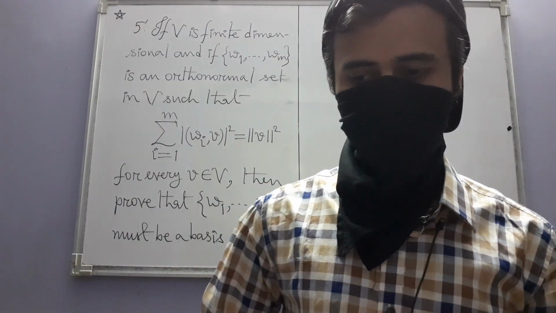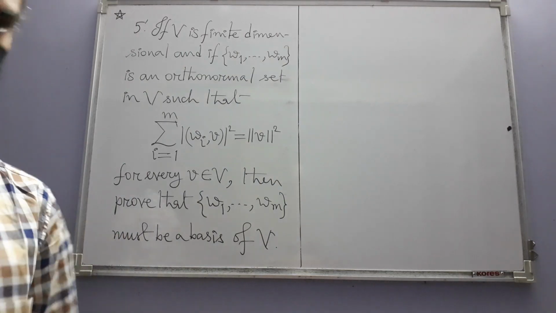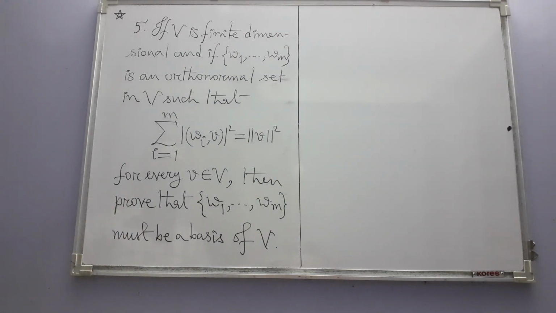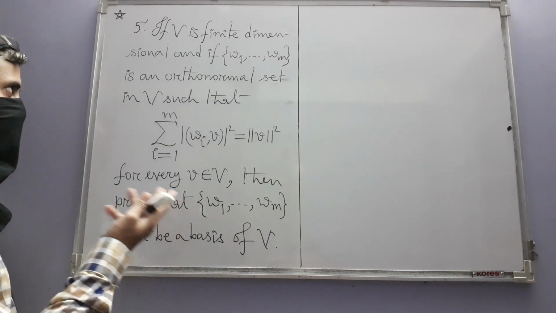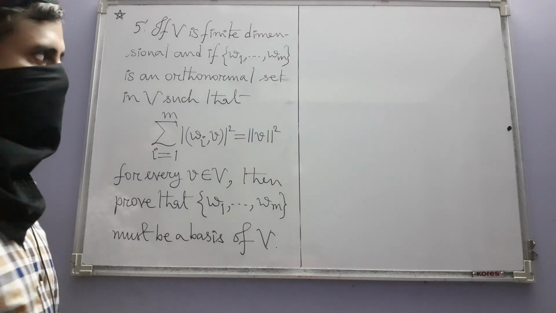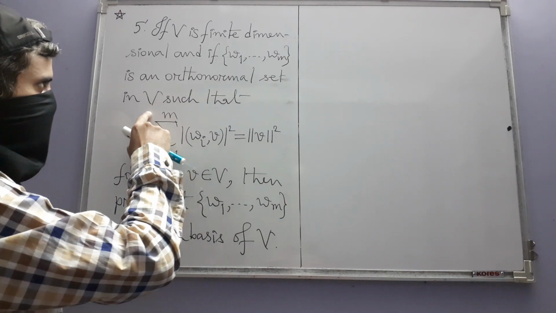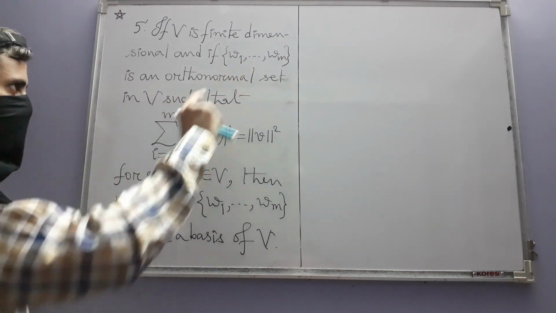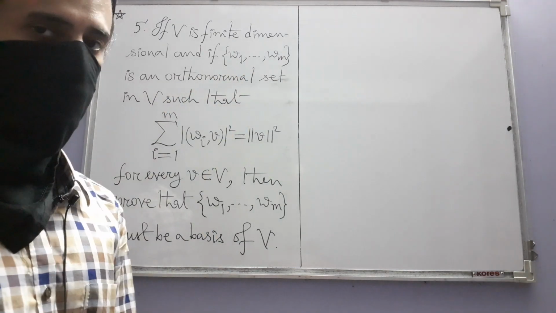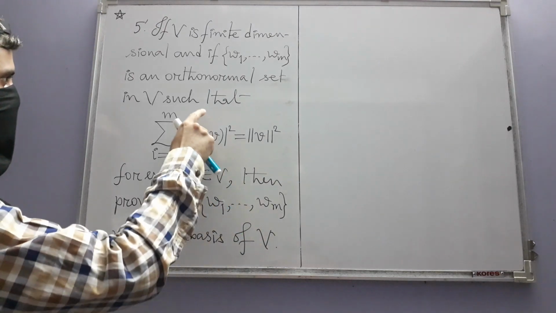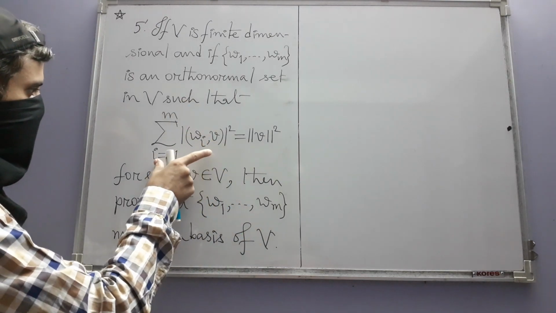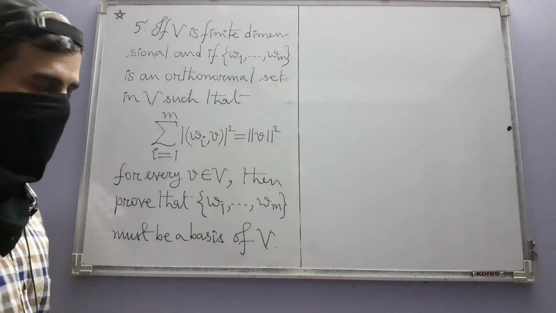Next, exercise 5. In this one we have V as usual, a finite dimensional inner product space, and we are given an orthonormal set of vectors in V, these Wi's, this m number of Wi's, such that additionally this condition is also given.